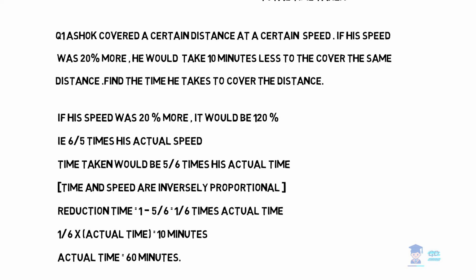So the reduction would be 1 by 6 times his actual time. We know the reduction time is 10 minutes from the question. So 1 by 6 into actual time is equal to 10 minutes, so the actual time is 10 into 6, which is 60 minutes. He reaches in 60 minutes at normal speed, but at 20% more speed he would take only 50 minutes. That is, he'll save 10 minutes.